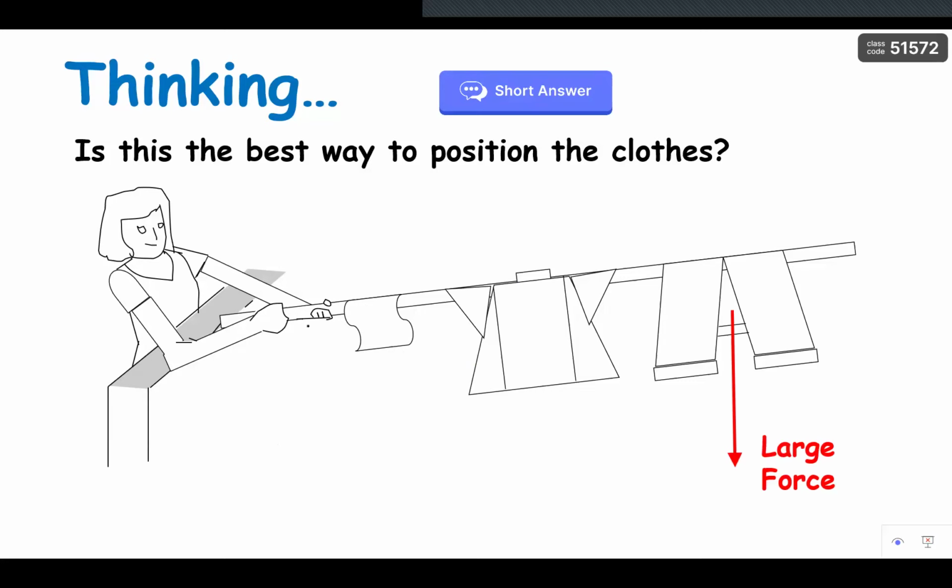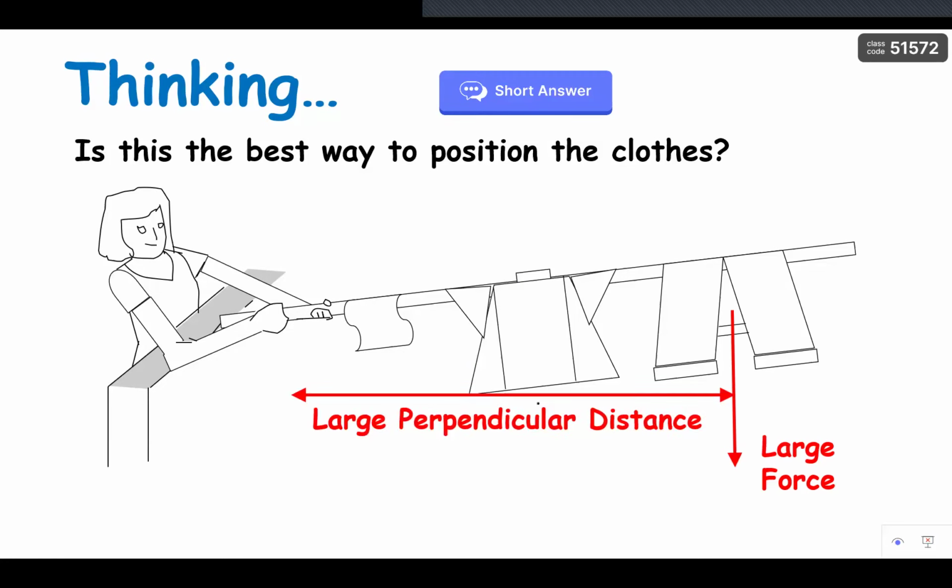And where is your pivot? Your pivot is the point where the hand is holding. This entire rod is moving up or down about the hand. So the pivot is over here. So this large force is exerted over a large perpendicular distance. And this is very bad because this will give you a very big moment as compared to a small force over here with a small distance.